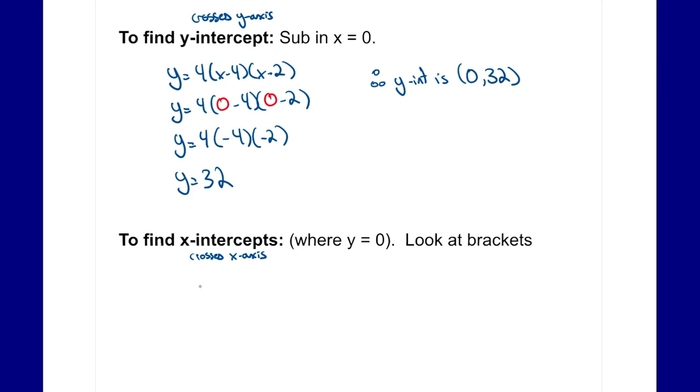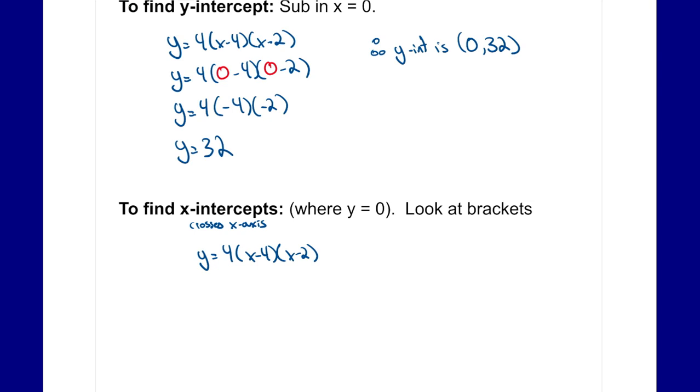So if I make the y value 0 in my equation, I have 0 equals 4 times (x minus 4) times (x minus 2). We haven't solved an equation like this quite yet. But if I think about numbers multiplying to 0, the only way to multiply to 0 is if one of those numbers is 0 itself.